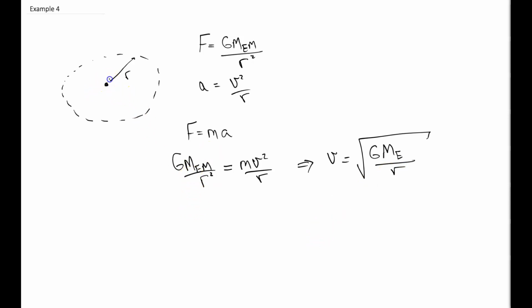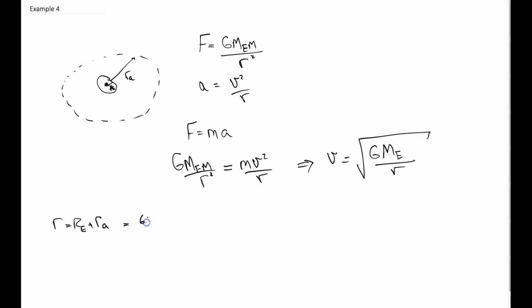Now, since there's the radius of the Earth plus how high above the Earth's surface, we can say that r, let's say this is r above, would be the radius of the Earth plus how far above it is.